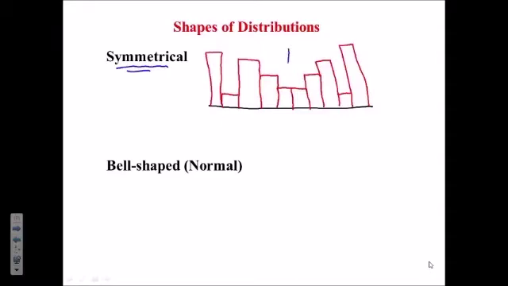If we drew a line down the middle, you'll notice this piece matches this piece. This bar matches this bar. The height of this bar is the same as the height of this bar, and so on. If we folded the graph along this central axis, one side would land exactly on the other side. They match up perfectly. This is called a symmetrical distribution.